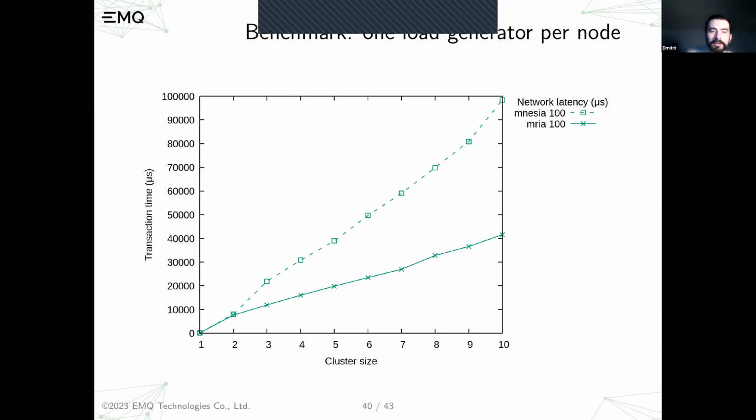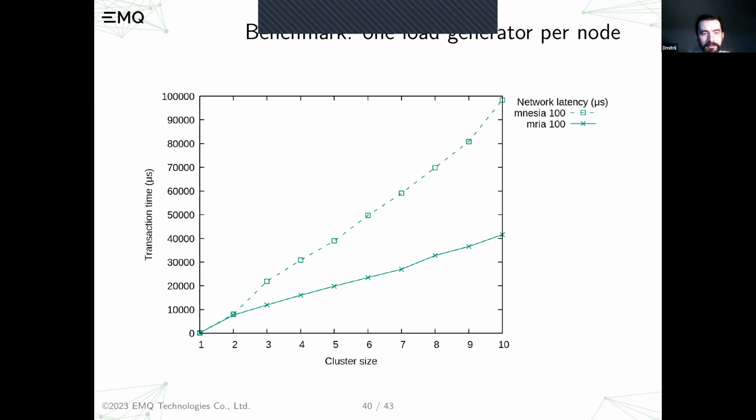However, we also notice an increasing trend in the Mria transaction time as well, which is a little bit disappointing, because ideally we would like to see transaction time to plateau like on the previous graph.